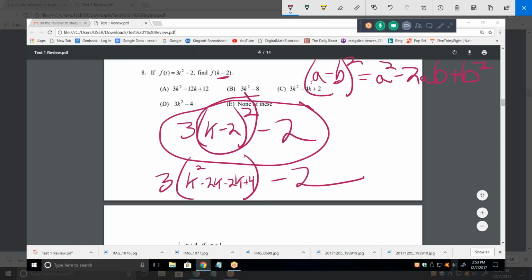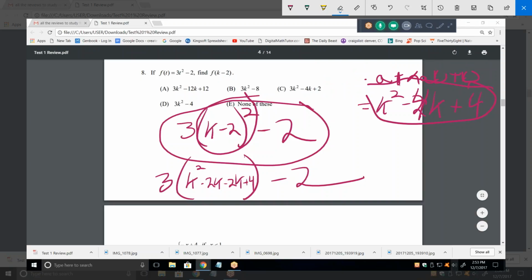So if I'm squaring k minus 2, then it's k squared minus 2 times 2, 4k, plus 4. That's the quick way of doing it, as opposed to FOILing it. And you've got to memorize a minus b squared, and a plus b squared is the same thing, only it's plus 2ab. Once you memorize those two, you'll be able to use it and save 20 seconds when doing these problems.